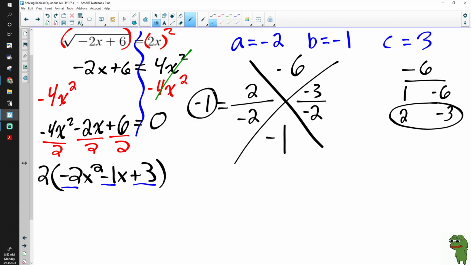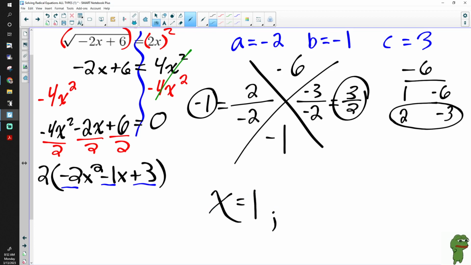Negative 3 divided by negative 2 is positive 3/2. Those are your factors. So our solutions we flip. X would be positive 1, and X would be negative 3/2.